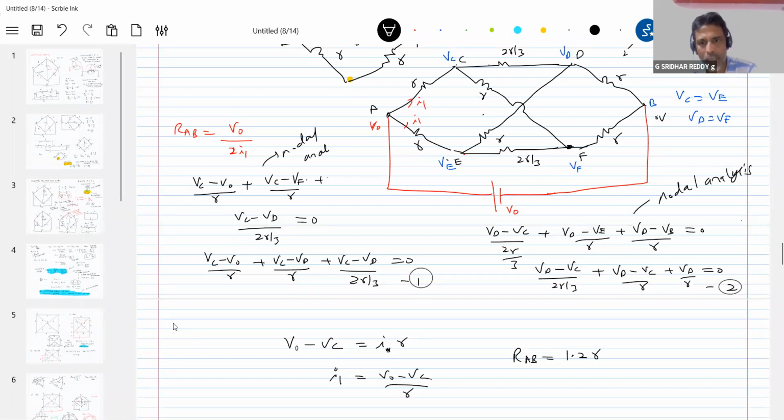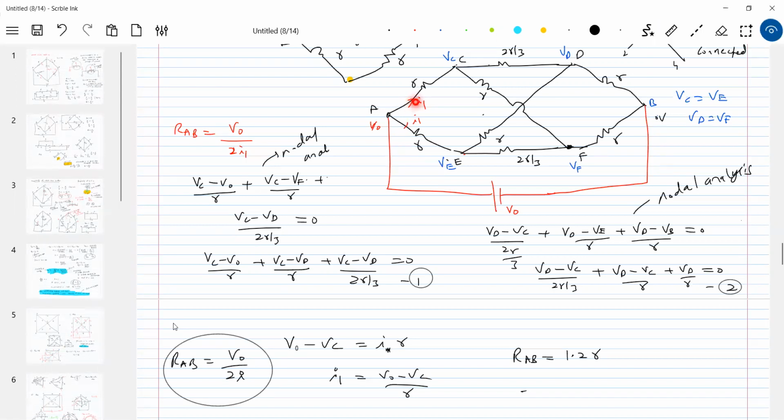But the basic core idea is this one: RAB is equal to V naught by 2I1. How much current will the cell push? It will push 2I1, no? And that only will branch out and the same 2I1 will return back.